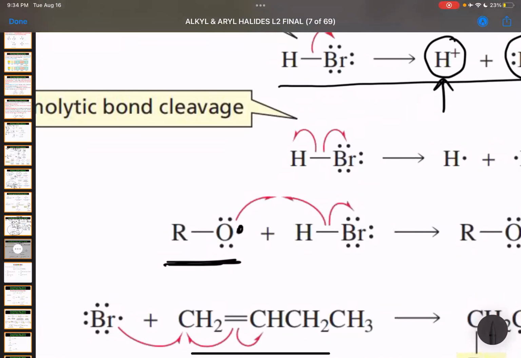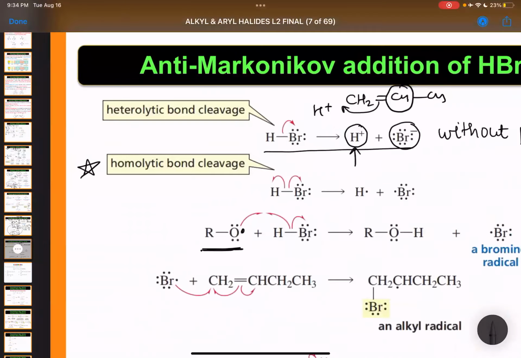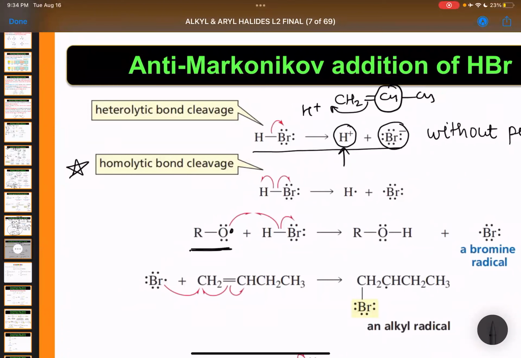It gets broken into radicals by heating or by light, and this O radical goes and interacts with HBr, and because it is already having one electron, when it reacts with HBr, it takes away the H with one electron only. So it will bond itself with the hydrogen radical.